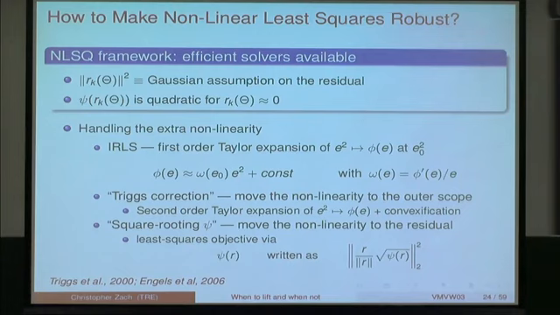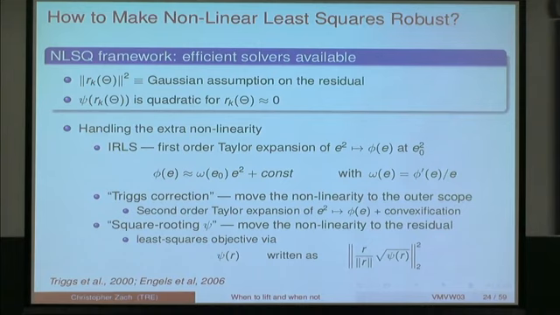Standard ways that have been proposed in the past: one very standard way is called IRLS, iteratively reweighted least squares, which comes from M-estimators and so on. It's really just the standard method of choice.